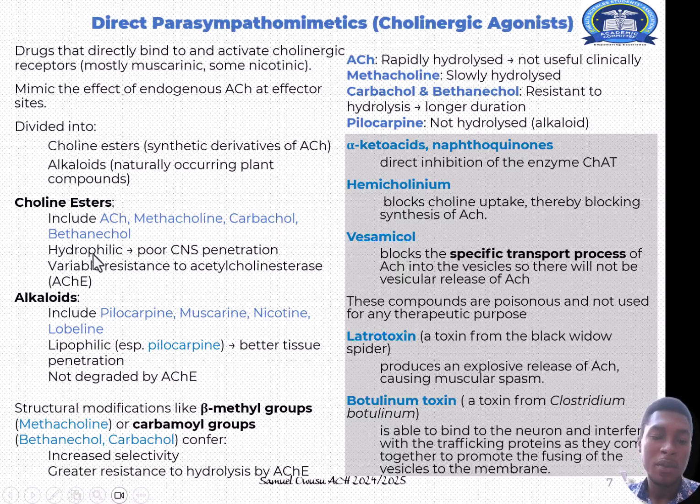With resistance to acetylcholinesterase, it varies between these groups. When you take carbachol and bethanechol, they have amide in their chemical structure, and so these tend to enhance their resistance to acetylcholinesterase. So carbachol and bethanechol are resistant to hydrolysis by acetylcholinesterase, and that tends to prolong the duration of action of these agents.